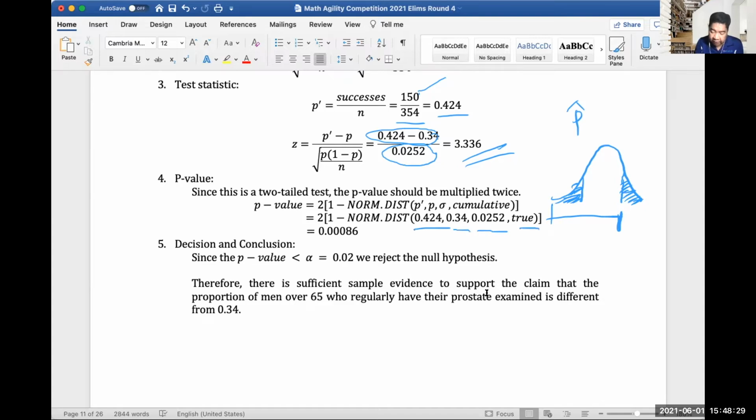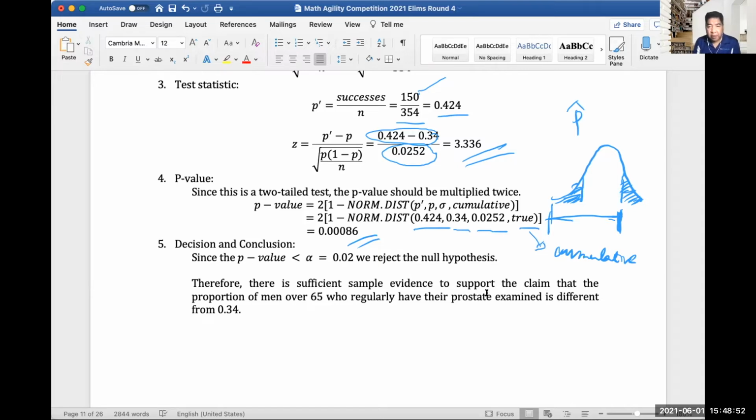And true means here it is cumulative, right? It's cumulative starting from here up to this critical value here. And we will be able to solve 0.0086 as our p-value.